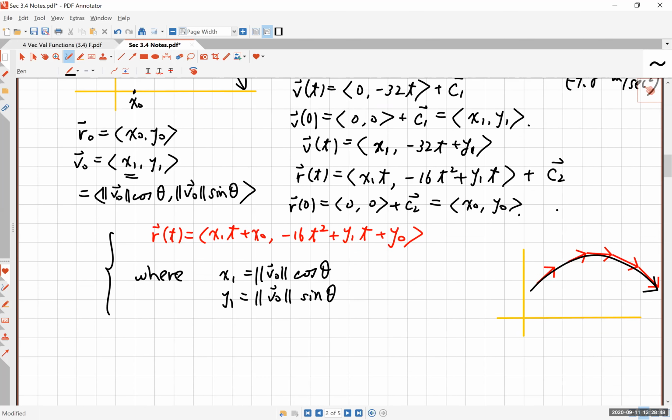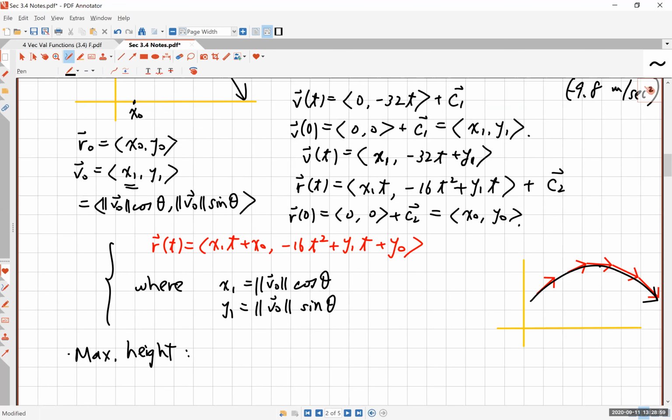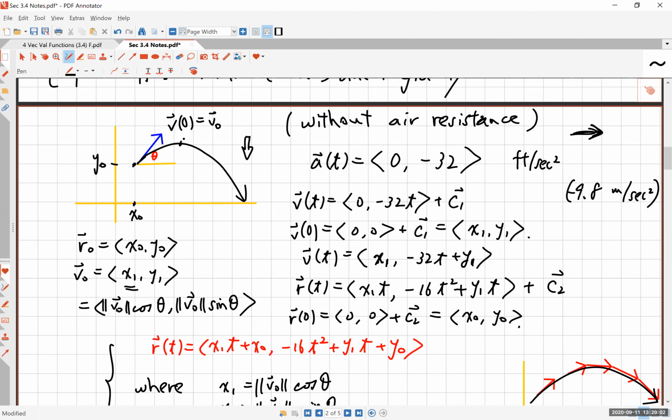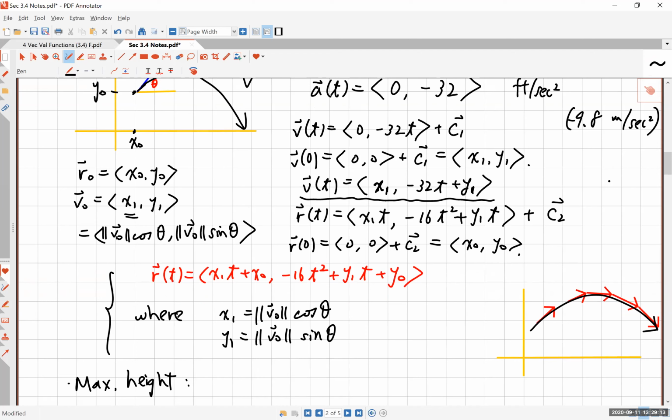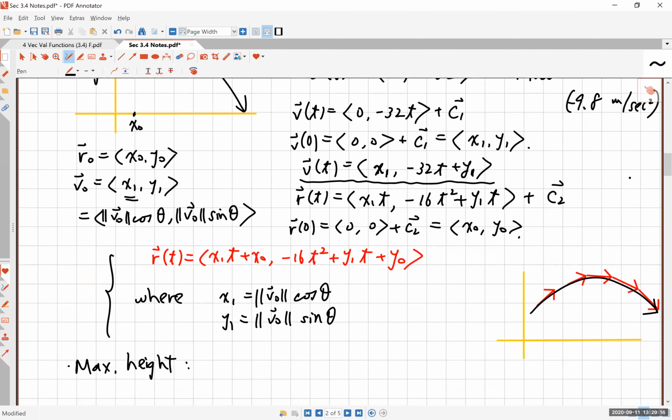All right, I'm going to do a specific example, but before that, let me just give you a little hint as you do your homework. Sometimes you have to find the maximum height. How do you find the maximum height of this object flying up in the air? What is happening in terms of this velocity at the very top? Very top means it stops going up and it starts to go down, right? So the y component of the velocity, which is negative 32t plus y1, becomes 0, right?